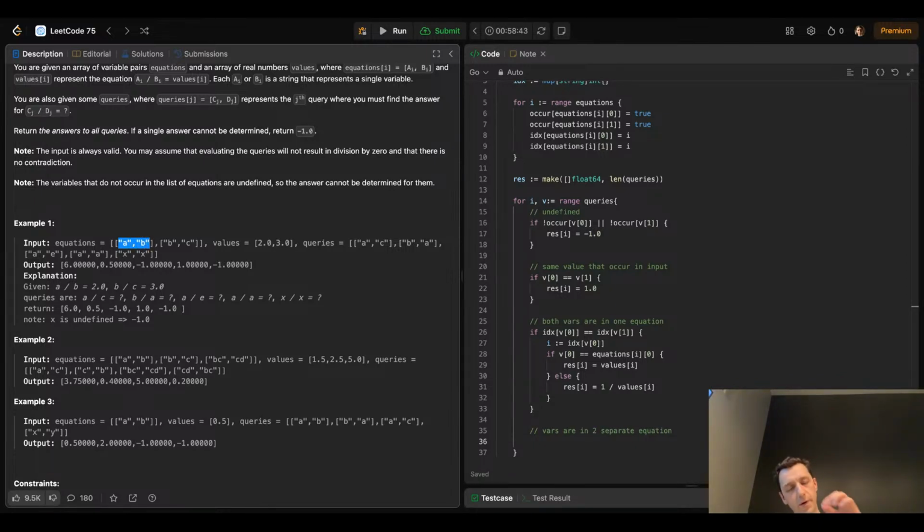What are all of the, we need a map that will store like A is connected to B, A is connected to C, A is connected to whatever it is.